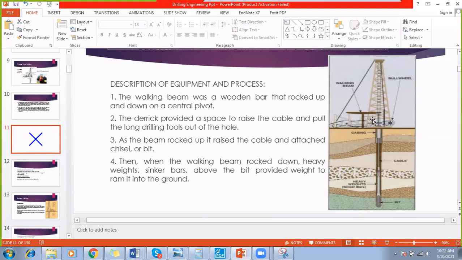So you just need to move the walking beam upward and downward. As a result, the whole assembly in the borehole will automatically move upward and downward. So there will be a pounding action, and as a result of that pounding, the borehole will be drilled. This is the basic procedure behind cable tool drilling.